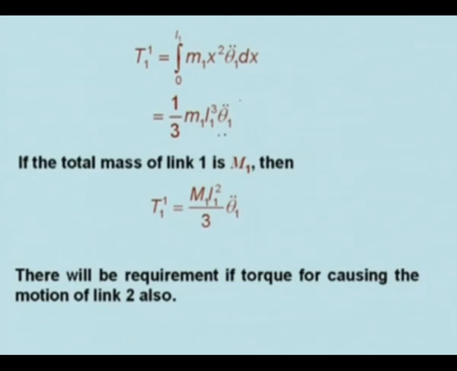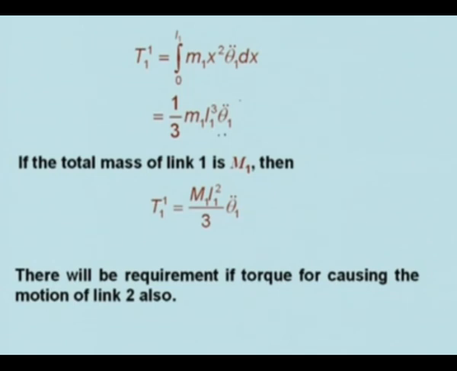If the total mass of link 1 is m1, then T11 is equal to m1 L1 square by 3 times theta 1 double dot.